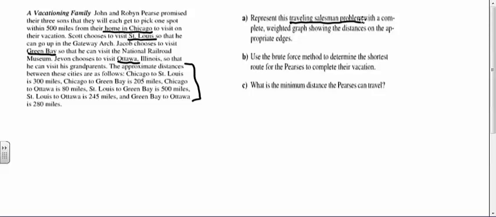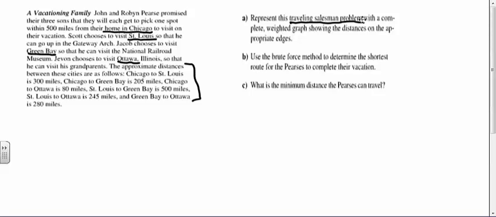Now we have 4 cities. Each city is going to be represented by a vertex. So we're going to have a vertex for Chicago, a vertex for St. Louis, Green Bay, and Ottawa. And we can go from any city to any other city, but it's going to cost us. And it's going to cost us, in this case, in miles, and then obviously miles translates to dollars if you're driving.